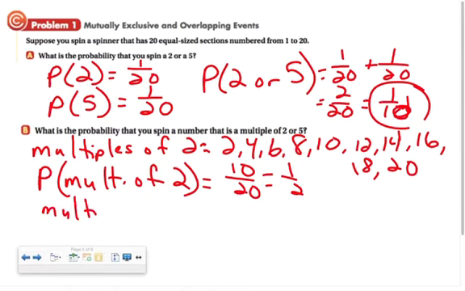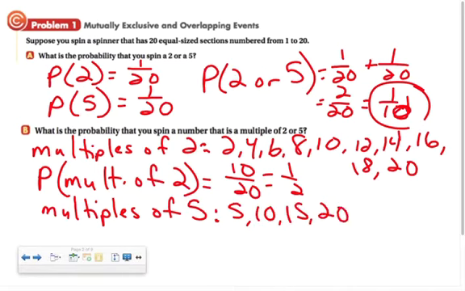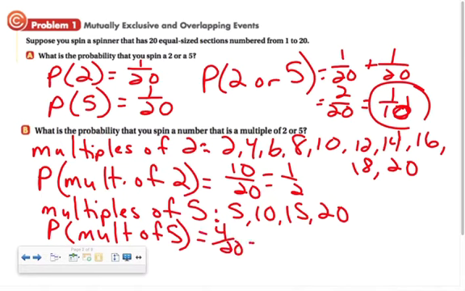Multiples of 5 are 5, 10, 15, and 20. So the probability of a multiple of 5 is 4 out of 20, or 1/5.